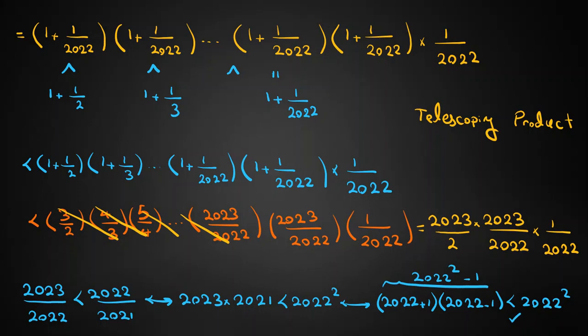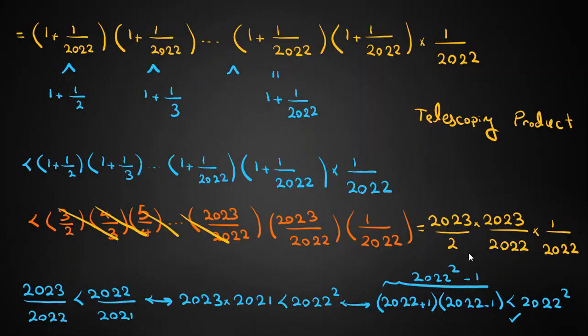Okay, now let's use this part and apply it here. So if we write 2023 over 2 instead of 2023 over 2022, let's see. Let's write this part again.